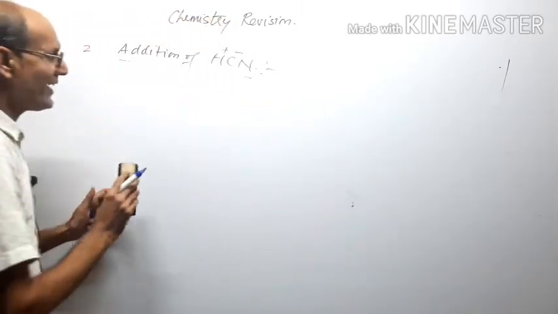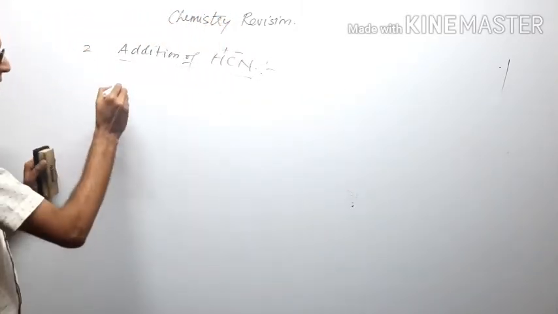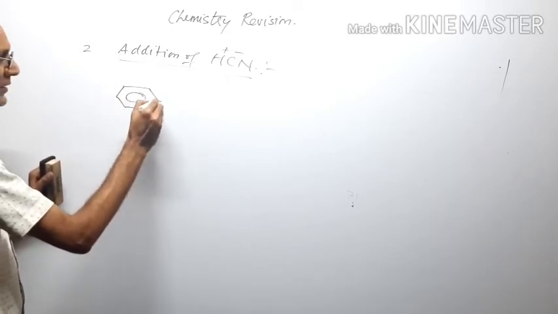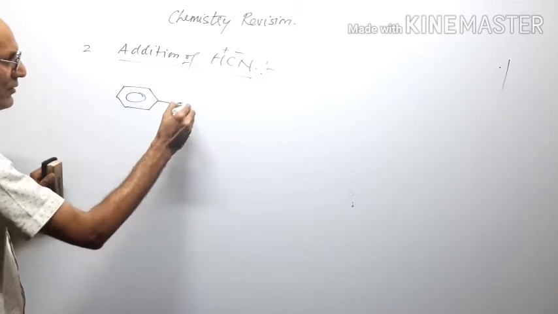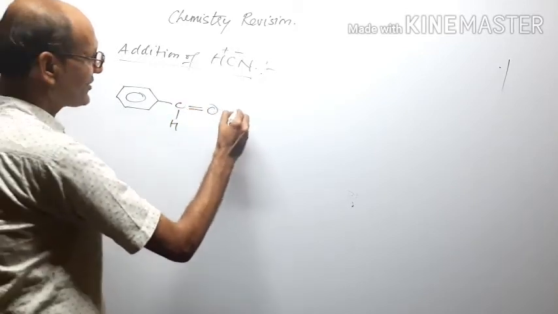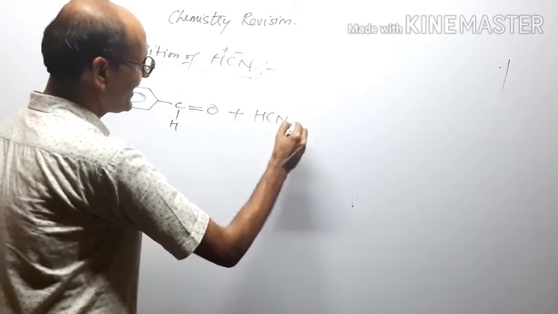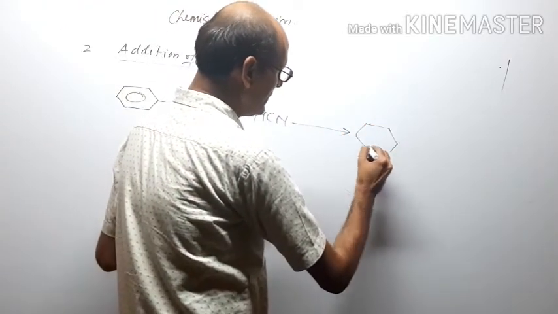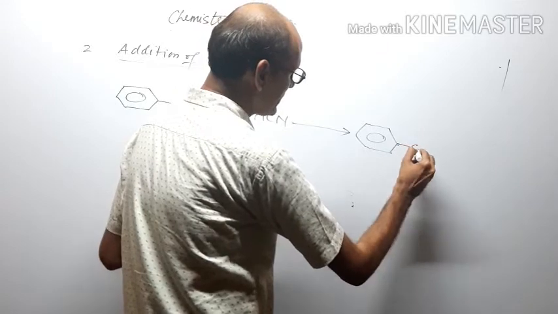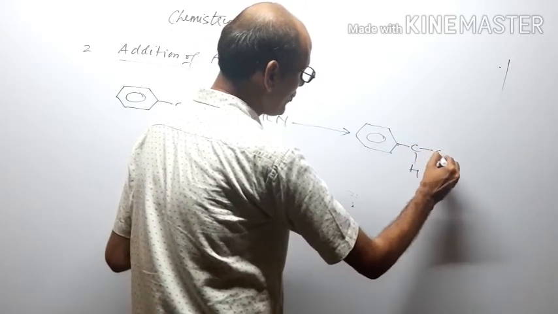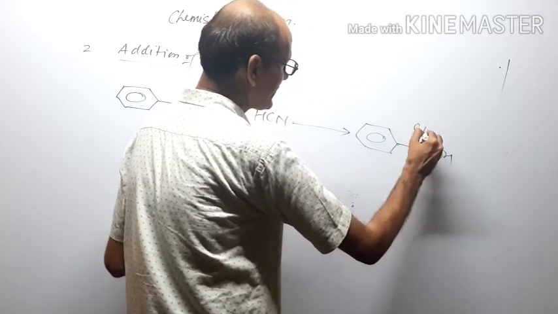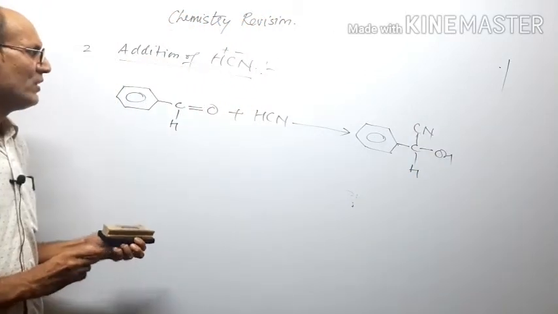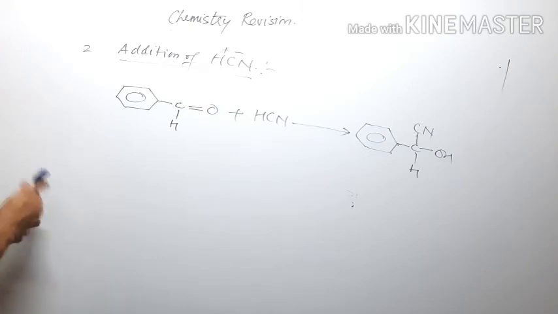For aldehyde I am taking benzaldehyde, ring single bond C, single bond H, double bond O plus HCN. So you will get ring single bond C, single bond H, single bond OH, single bond CN.